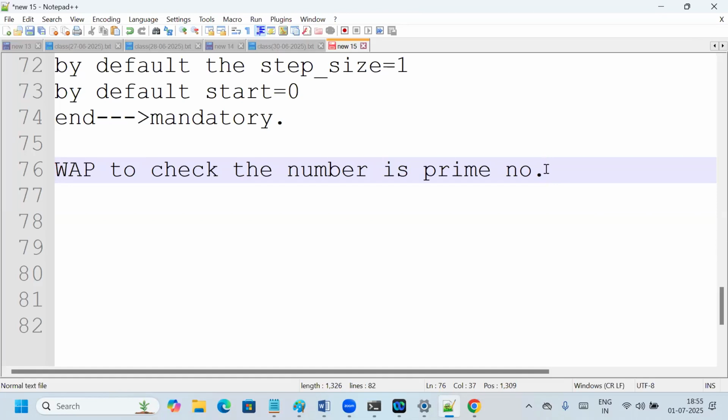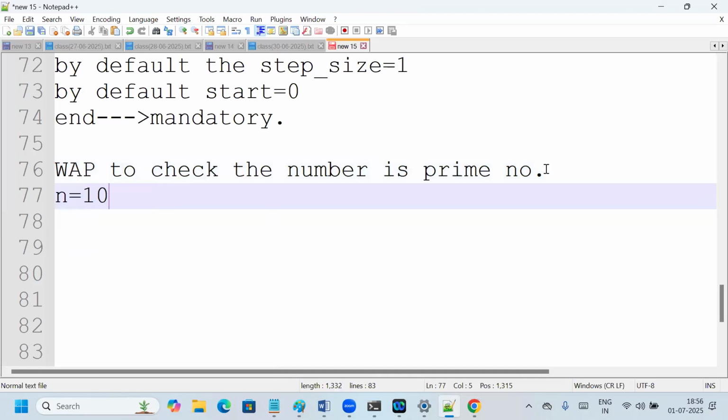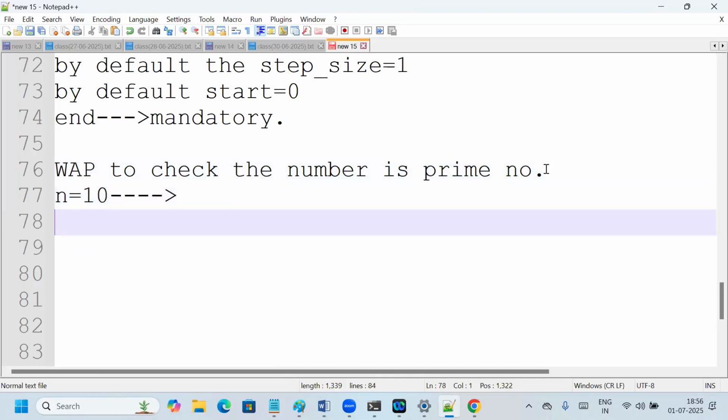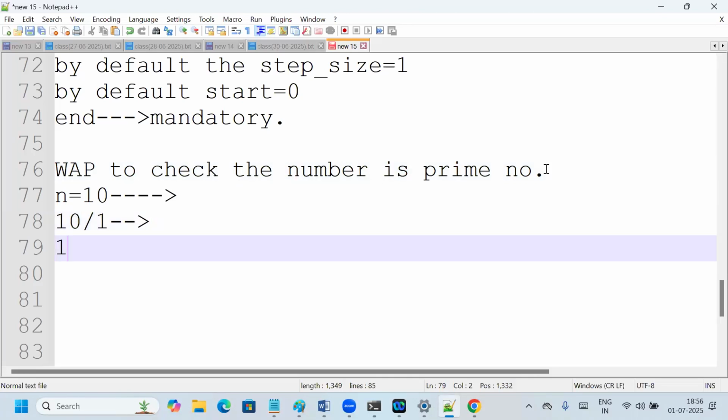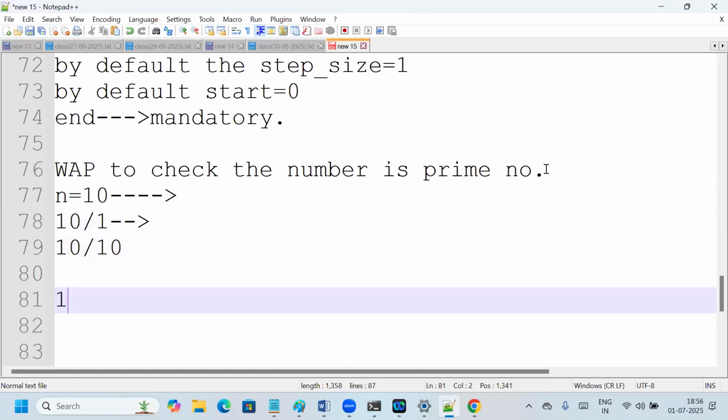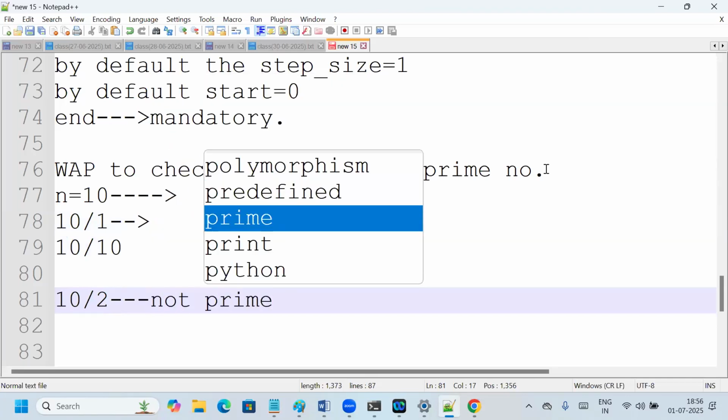Okay, fine. See guys, suppose n equals 10. How to check whether this number is prime or not? If 10 is divisible by 1, it's true. 10 is divisible by 10, also true. But if 10 is divisible by another number, then it is not prime. It means a prime number has only two divisors, 1 and itself.